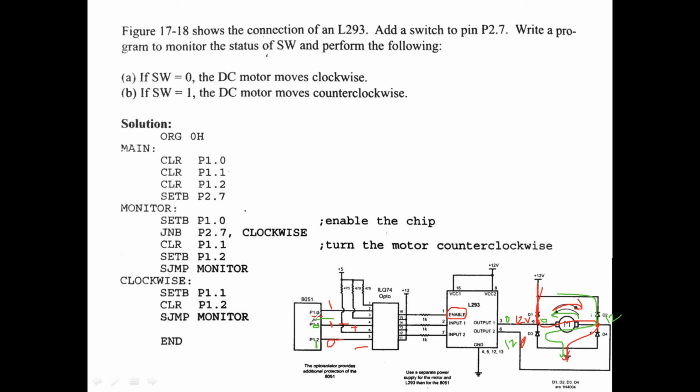So you only have to enable and change the polarity. This is for the forward direction, and this is the polarity you should output from the controller so that the motor will rotate in the reverse direction.